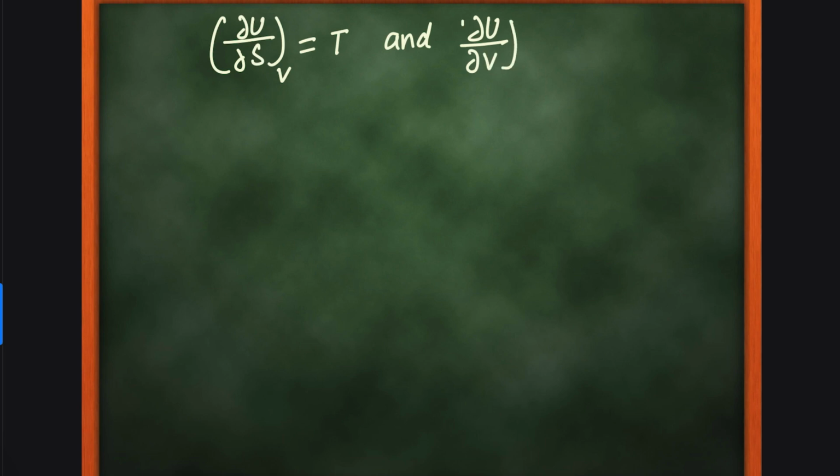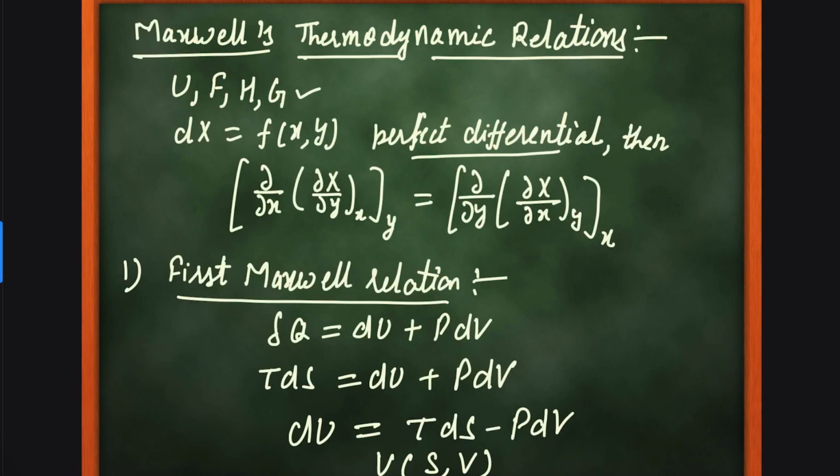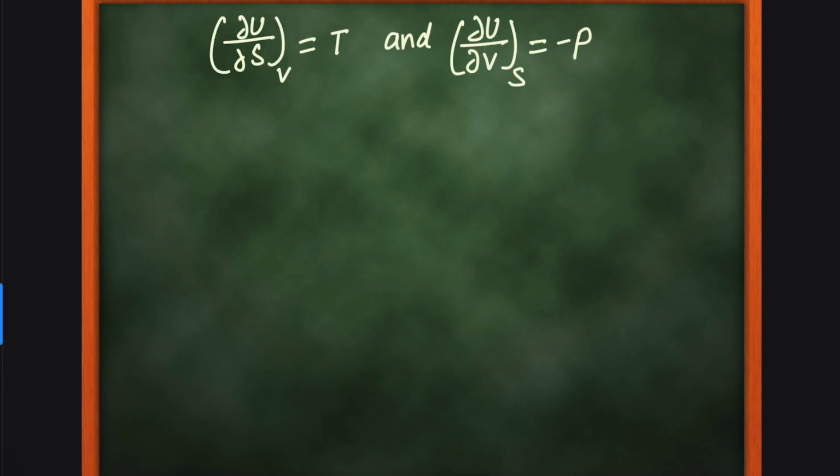Then we can write del U del S, keeping volume constant, that is equal to T, and del U with respect to V, keeping S constant, we get minus P. From this we can see that if we are taking S constant, then dS term is 0, then dU over dV, keeping S constant, must be equal to minus P. That's why we are getting this with negative sign, minus P.